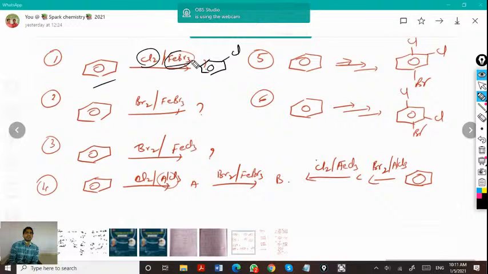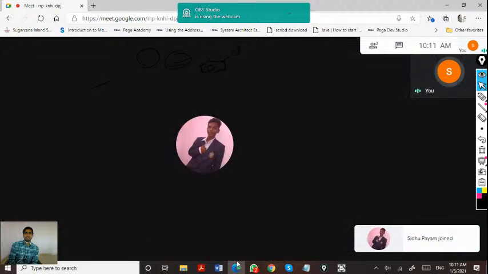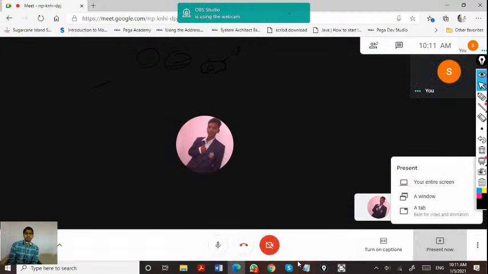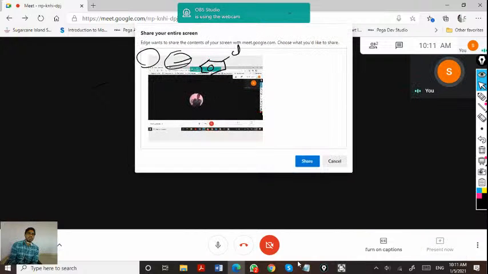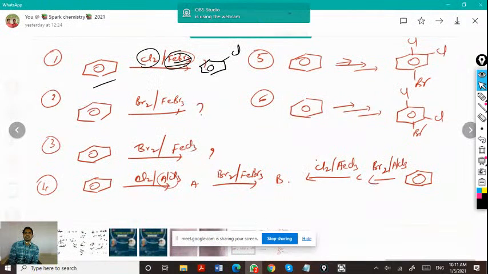Irrespective of the Lewis acid, whether it is FeBr3 or FeCl3, whatever may be, what matters is the halogen that you are taking, not the Lewis acid. So it's not going to change the type of halogen.